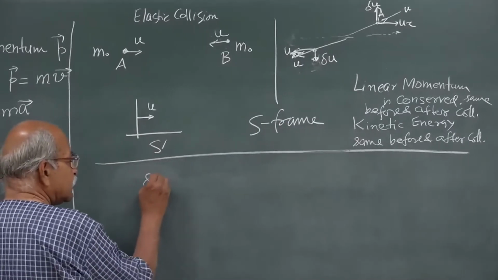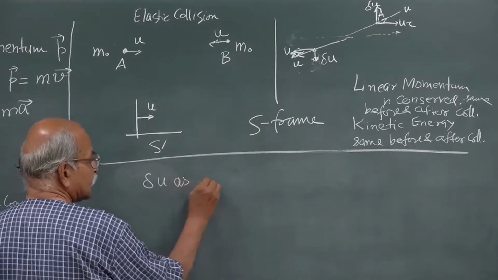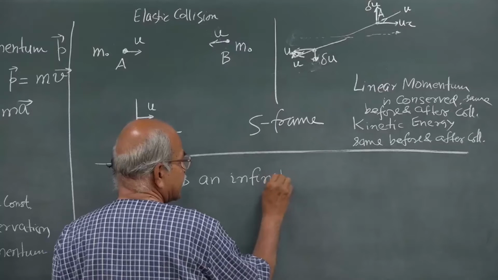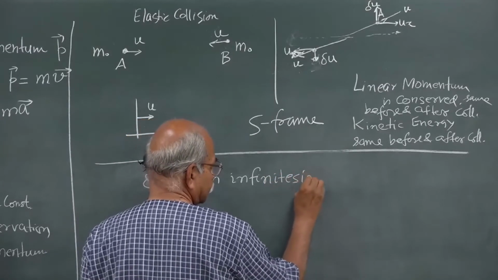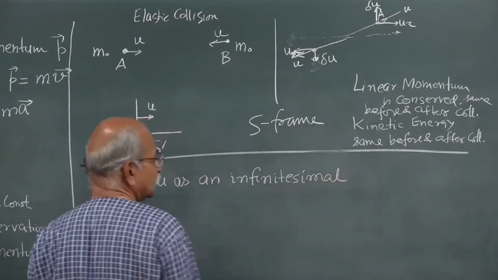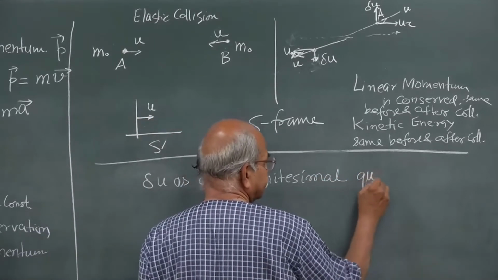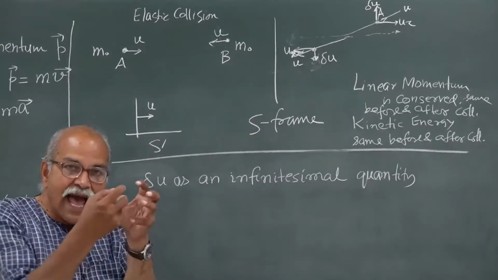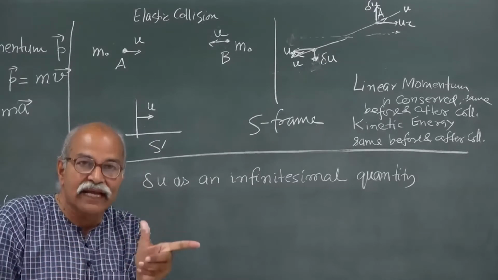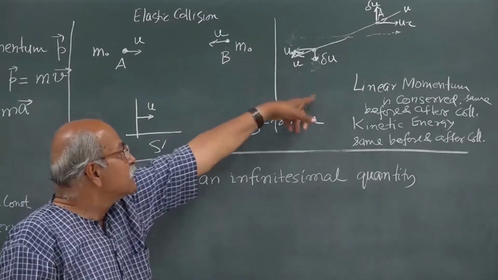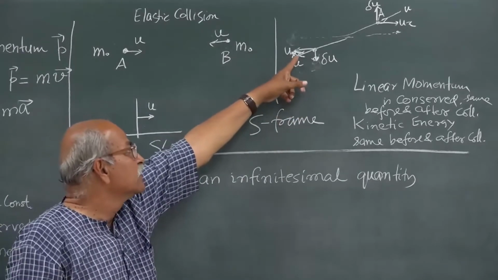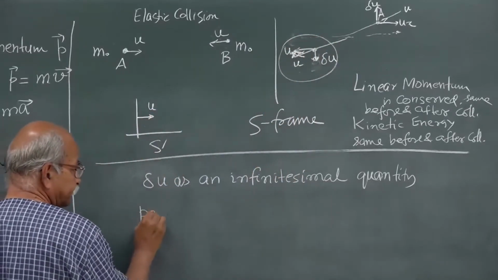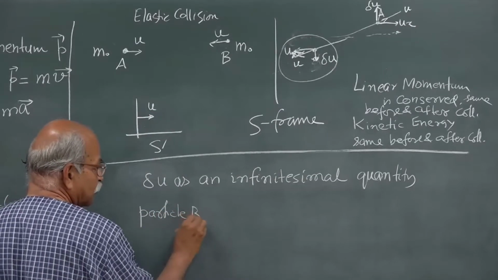Since we have taken delta u as a small, infinitesimal quantity, whenever it is added to a finite quantity, we will neglect that. So, if I look at the kinetic energy here or speed here, let us take this as speed here. So, for this particle, this is particle B after the collision.